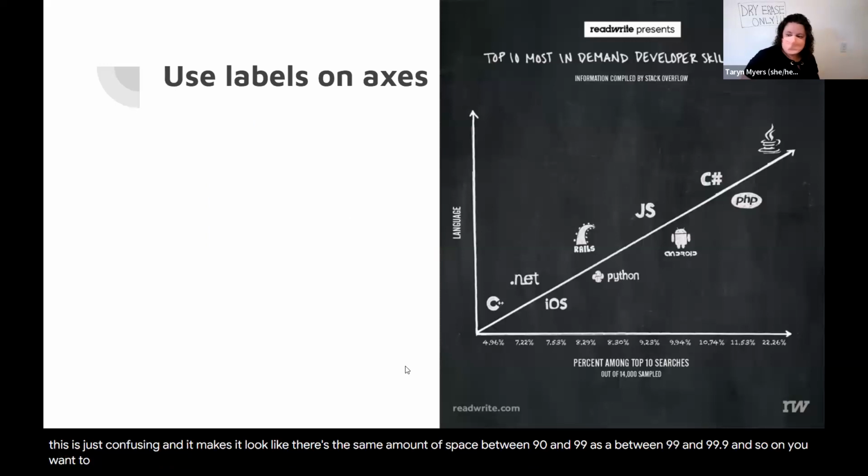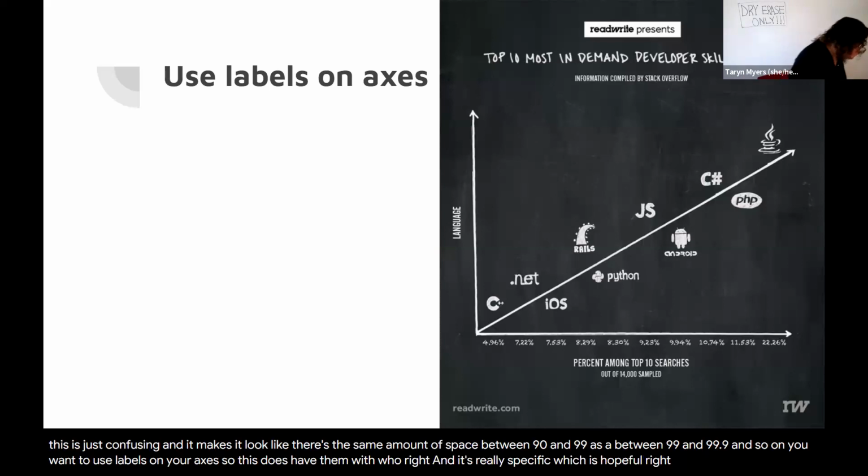You want to use labels on your axes. So this does have them. Woohoo, right? And it's really specific, which is helpful, right? So this is the percentage among the top 10 searches for various computer languages.